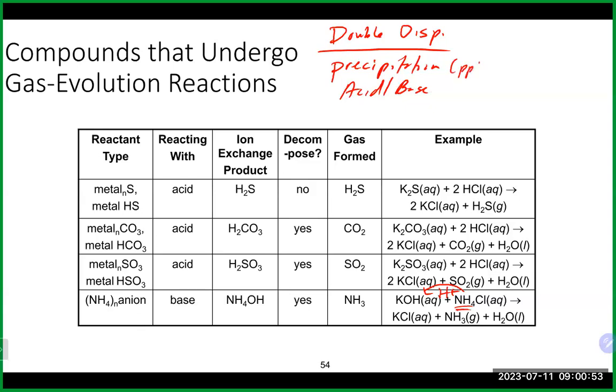Again, as we talked about, our solid and our water being formed as a result of it. Now we're going to talk about, for the rest of this chapter, the other big classification of reactions, which are redox reactions. Redox reactions account for everything else that occurs, and they account for electron transfers. So let's talk a little bit about those.